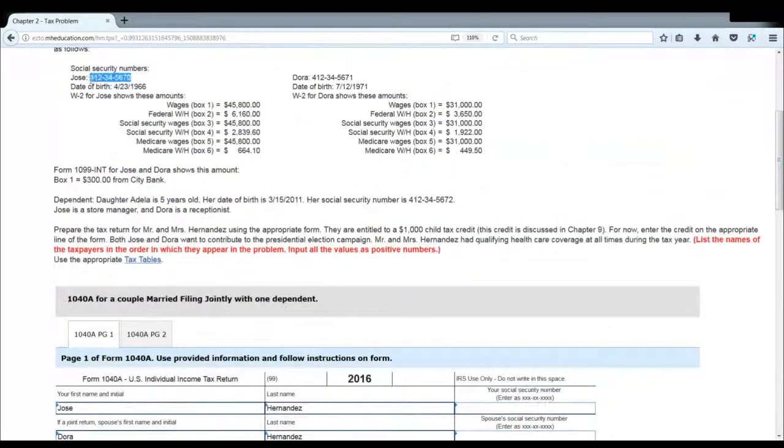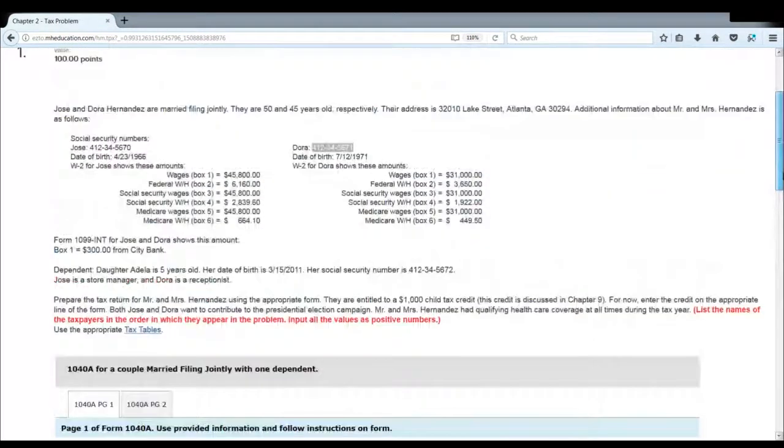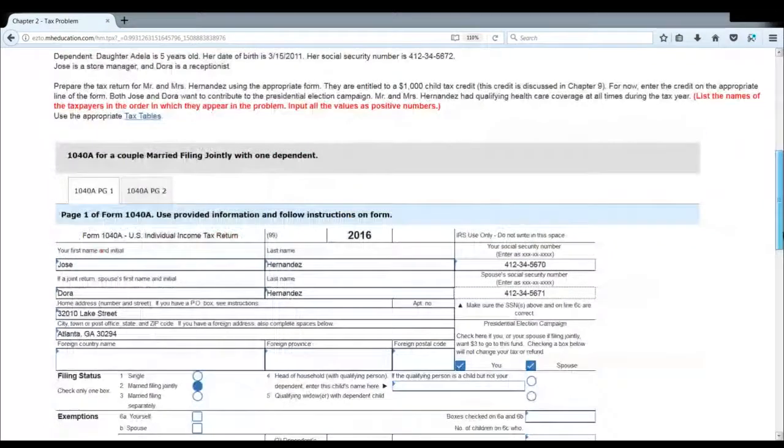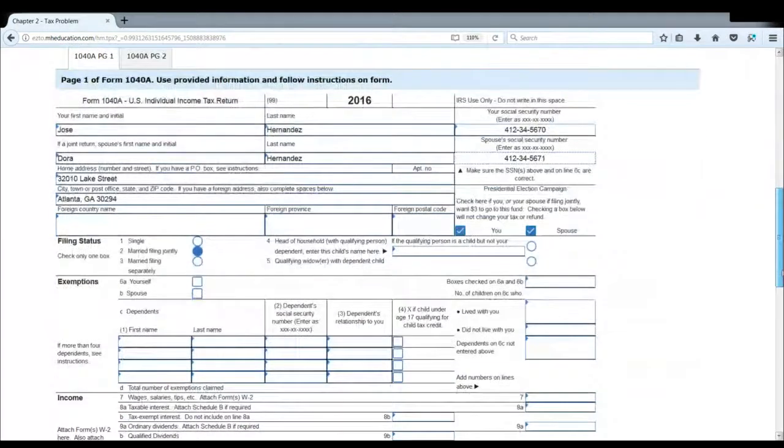Of course, the social security number. I'm just copying and pasting here. Copy and paste. So much easier. Did they give us a place for their birth date on this form? No?